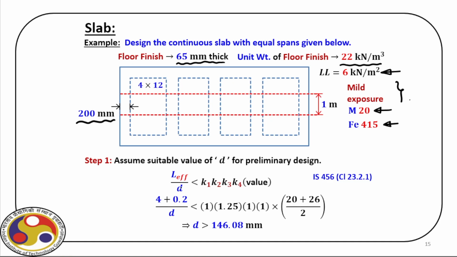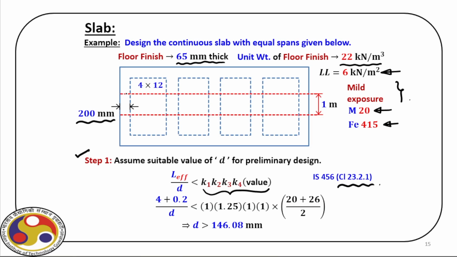So let us first find out the d effective from the deflection control satisfying this clause. So for that, in step 1, L effective by d should be less than or equal to these factors times the value.